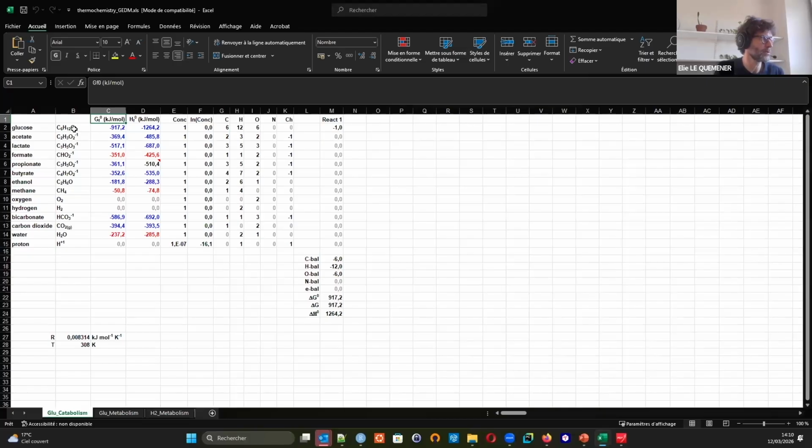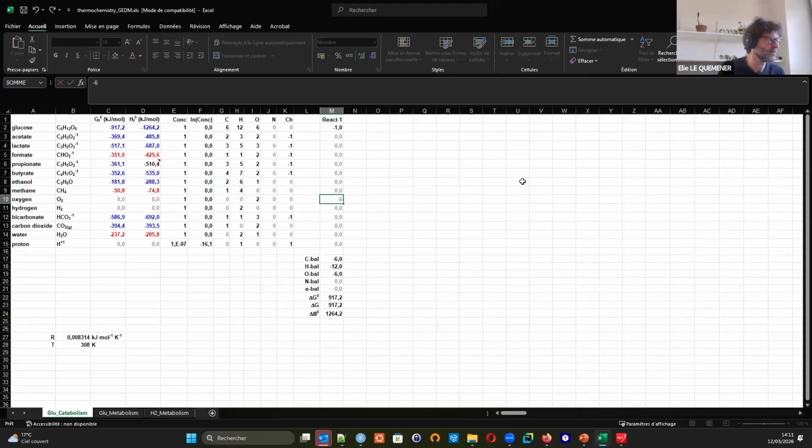So for example, we want the reaction of the oxidation of glucose. Glucose is consumed, so -1 molecule. There are also 6 molecules of oxygen, so -6. And then you produce 6 CO2 and probably 6 H2O.